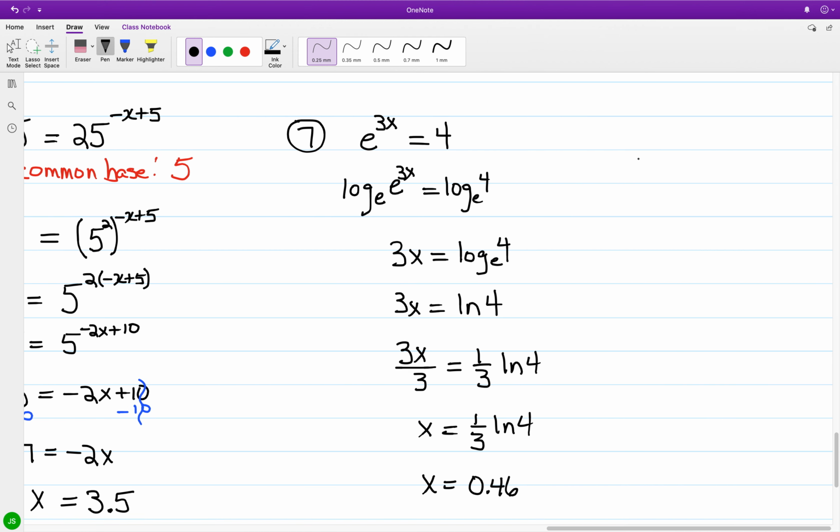Now, in the case of what we have for number 8, we have a word problem here. It says, suppose that the number of bacteria in a certain population increases according to a continuous exponential growth model.